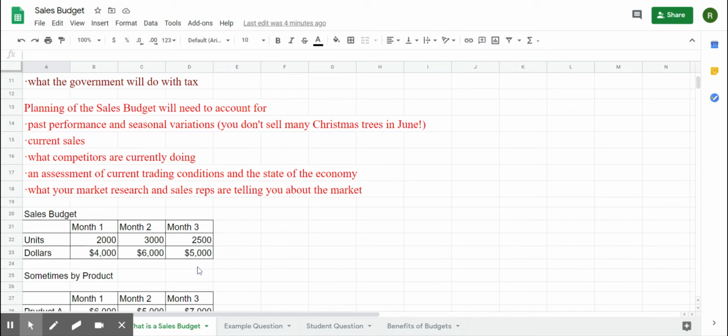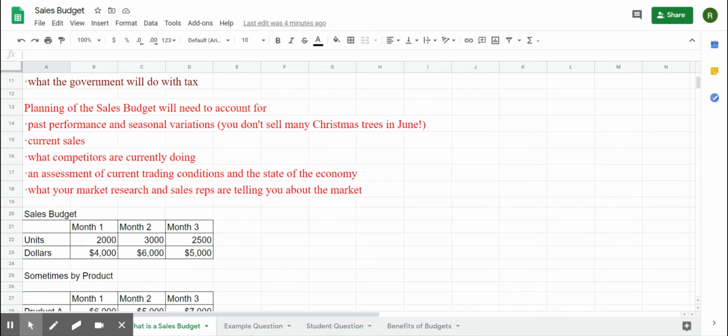Normally, when we're doing a sales budget, it will be done using a mixture of information from various sources. Obviously, past performance will be important. If we've not sold any products this year, it's unlikely we're going to sell 1 million products next year. It also needs to account for seasonal variations.